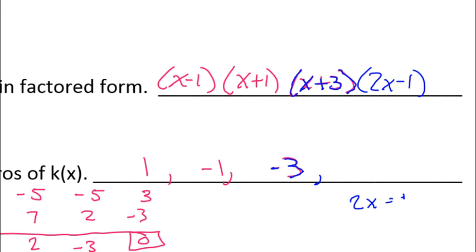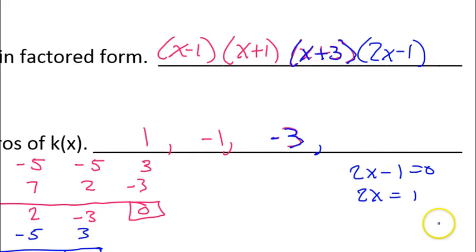If I set 2x minus 1 equal to 0, adding 1 to both sides gives me 2x equals 1. Dividing both sides by 2 gives me x equals 1/2, which is kind of what I thought. So there it is. These are the 4 zeros, and these are the 4 factors.